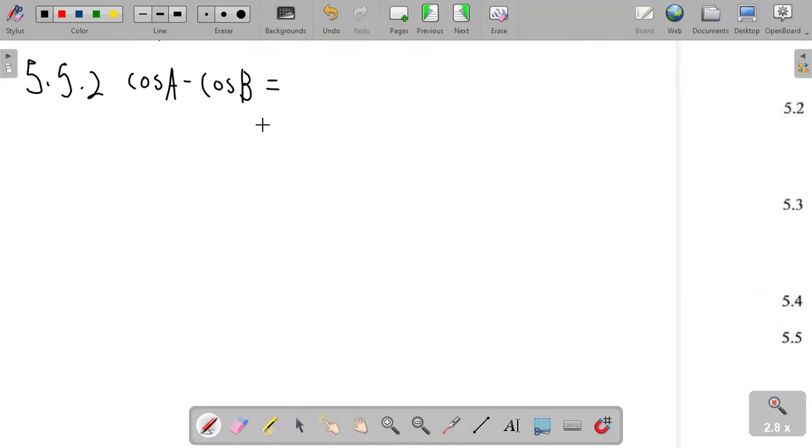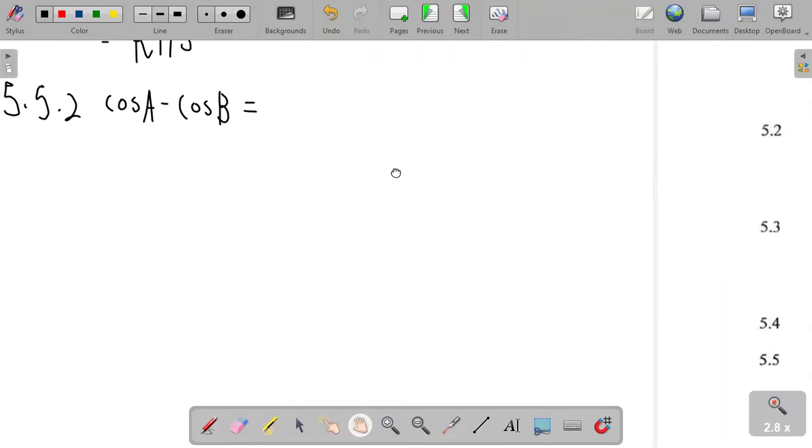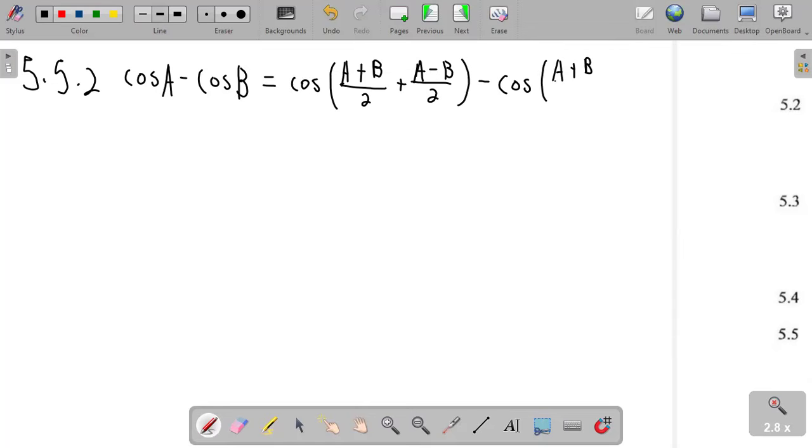We can do it as, if we look at the pattern above, we can say cos A plus B over 2 and then plus A minus B over 2, and then minus, and then we say cos A plus B over 2 and then minus A minus B over 2.